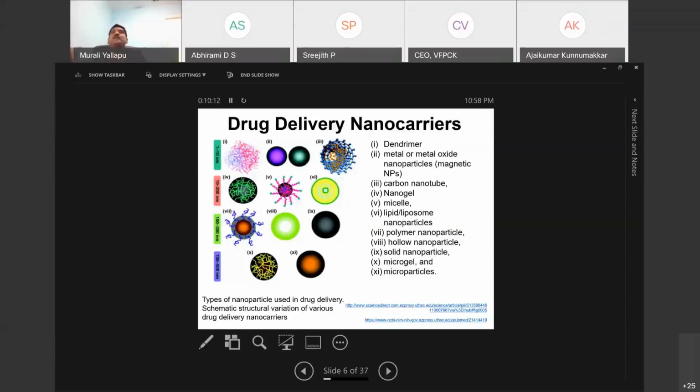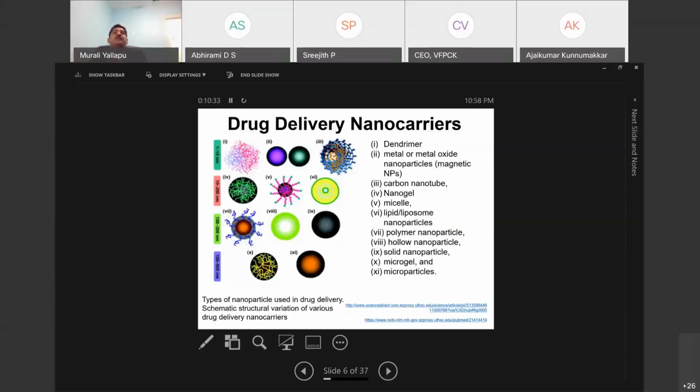So here you can clearly visualize various groups of nanocarriers. They fall in different size ranges. For example, take dendrimers, metal oxide, or magnetic nanoparticles. Those are very small in size, from 1 to 10 nanometers.